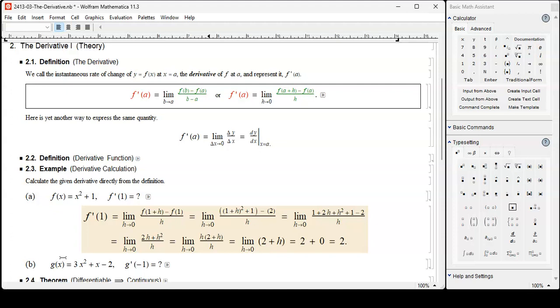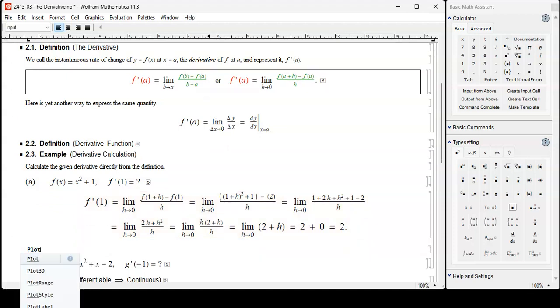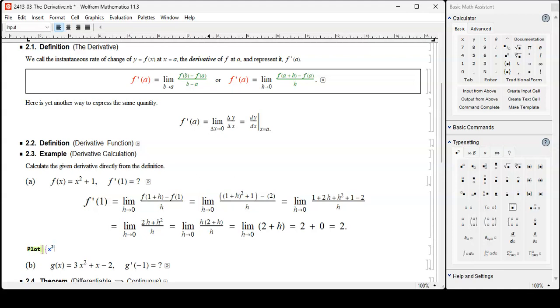Let's see. x squared plus 1, and then let's see, slope of tangent line at x equals 1, so its slope is 2.